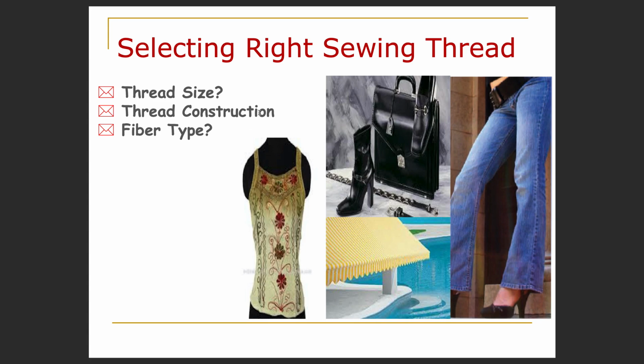What should be its thread construction, whether Z-twisted, S-twisted, monofilament, multifilament sewing thread is to be used, and what type of fiber type is to be chosen. That is, the sewing thread should be made from polyester cotton, 100% polyester or 100% cotton, or core sheath construction.